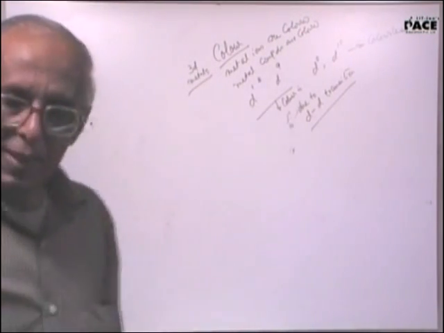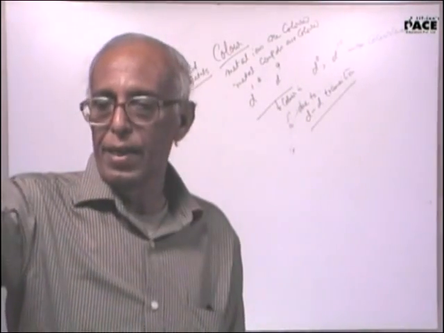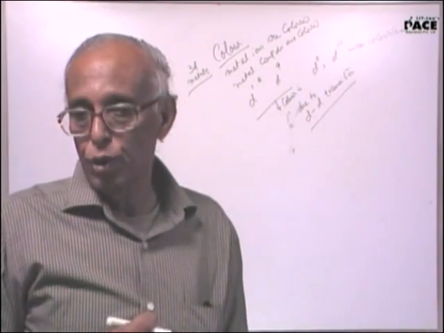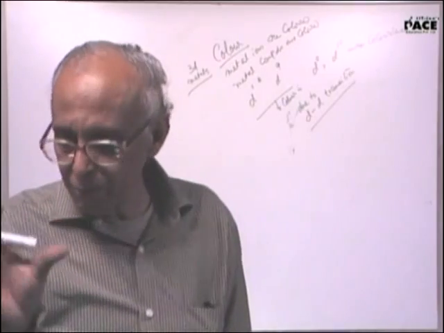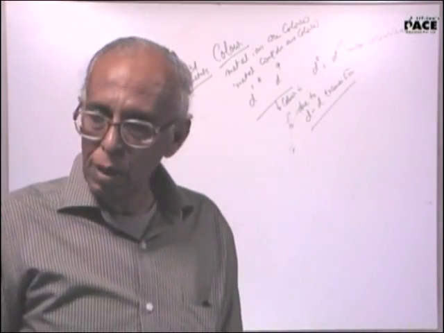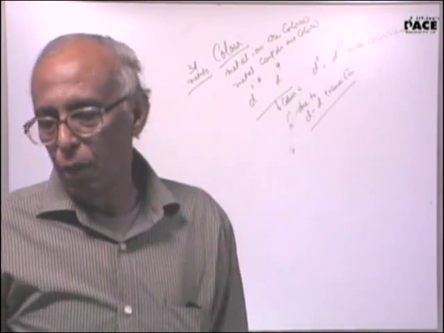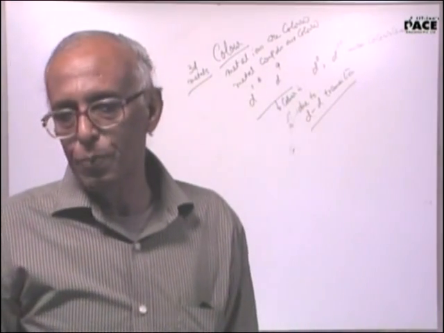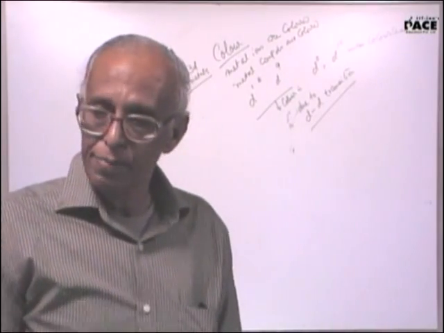Since I am transferring a d electron from a lower energy to a higher energy orbital, I need some energy input to do that work. So when part of the energy of the visible light is absorbed to transfer the electron from lower energy to higher energy orbital, the remaining part of the visible light is transmitted, and that is responsible for the color.